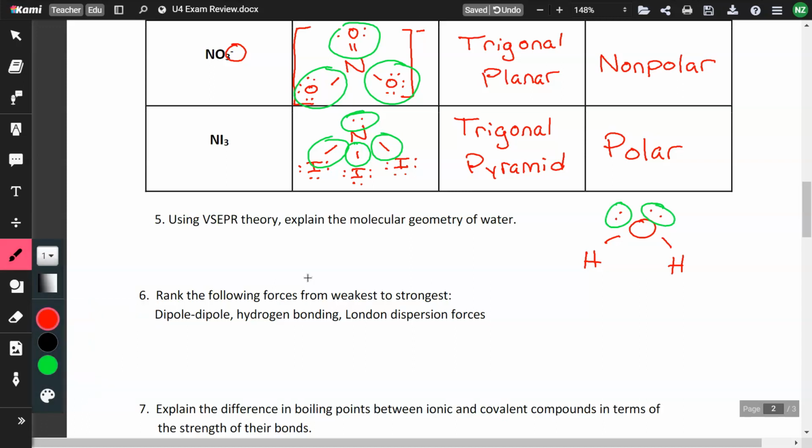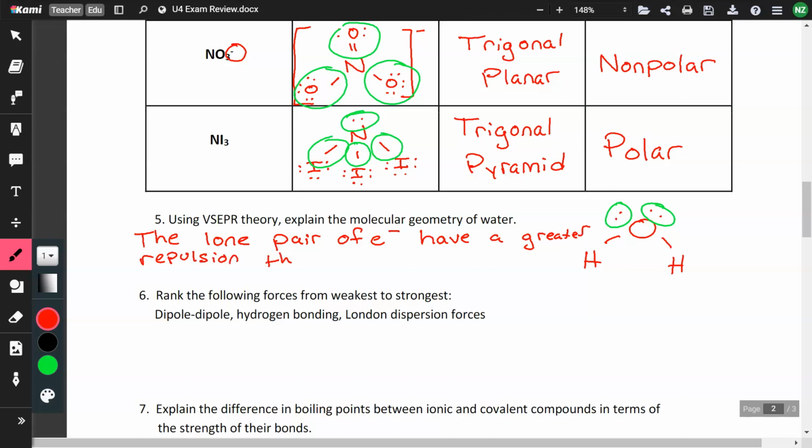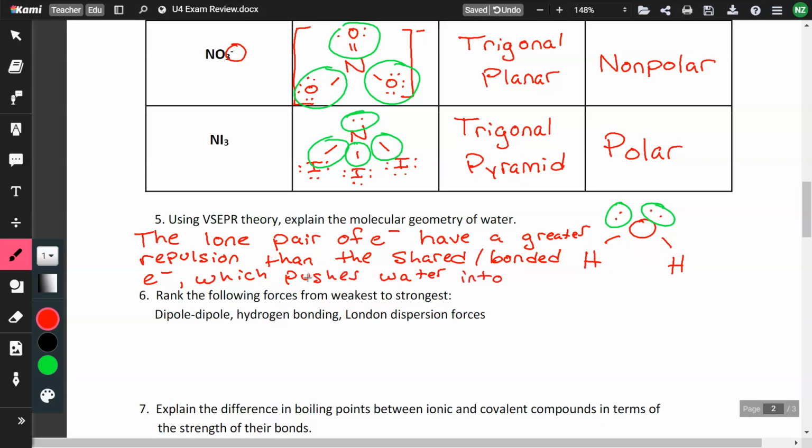Okay, so the lone pair of electrons have a greater repulsion than the shared or bonded electrons, which pushes water into a bent shape.